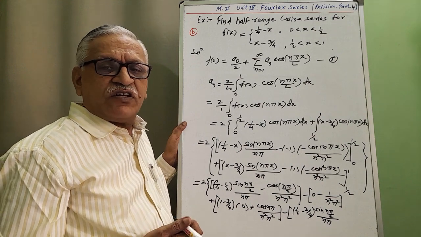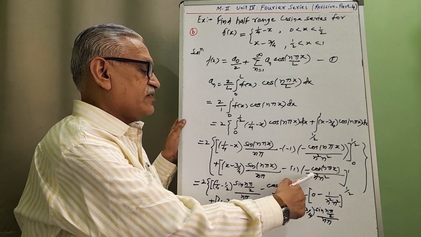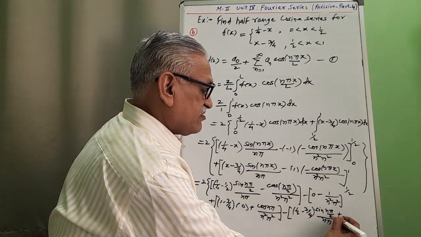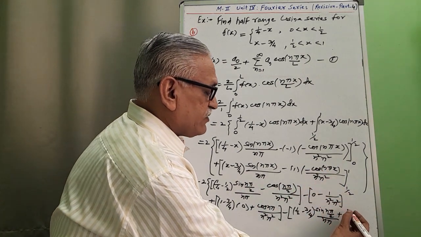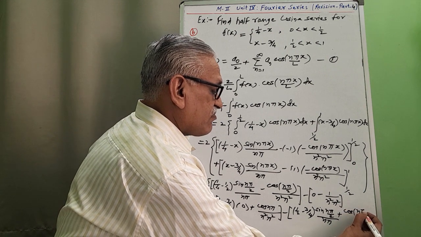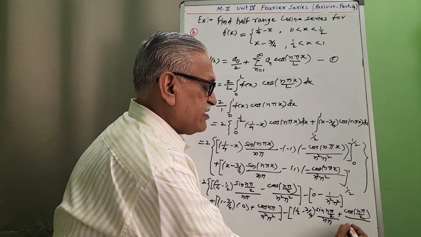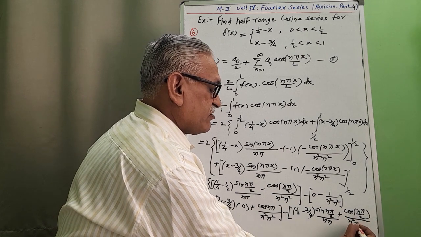We have to substitute very carefully all the values, upper limit and lower limit. Minus minus plus cos of n pi by 2 whole divided by n square pi square.